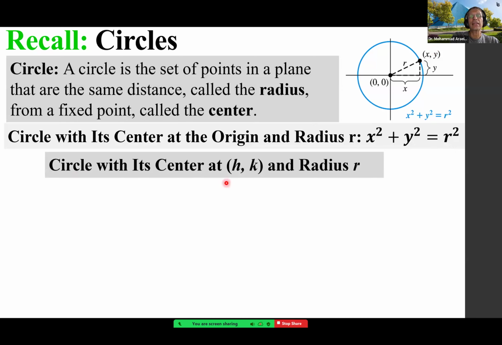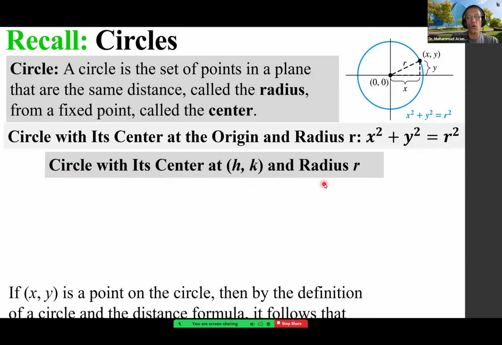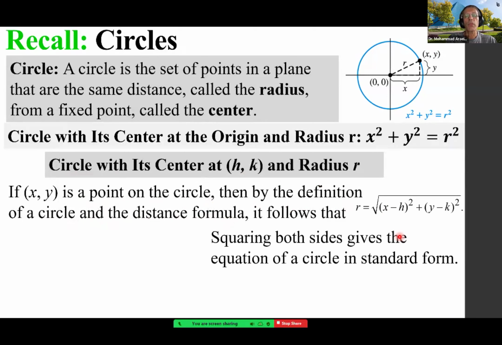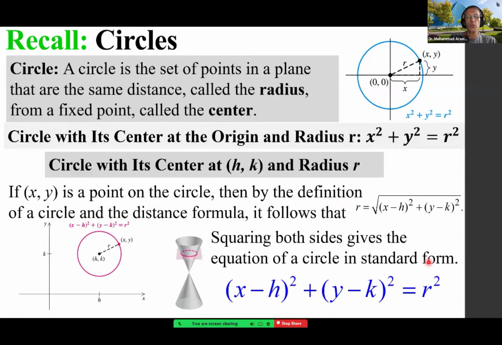Now a circle with its center at (h, k) and radius r. If (x, y) is a point on the circle, then by the definition of a circle and the distance formula, it follows that r is the square root of (x minus h) quantity squared plus (y minus k) quantity squared. Squaring both sides gives the equation of a circle in standard form: (x minus h) squared plus (y minus k) squared equals r squared.